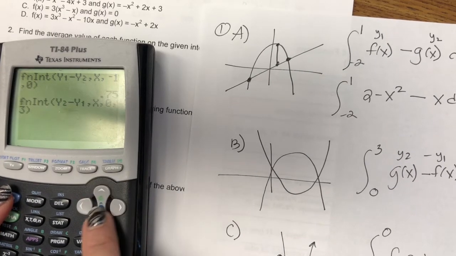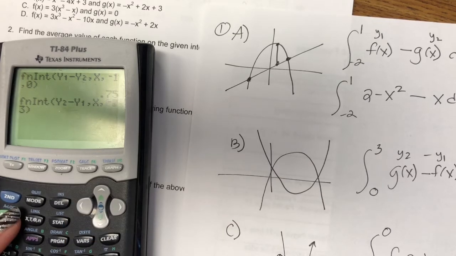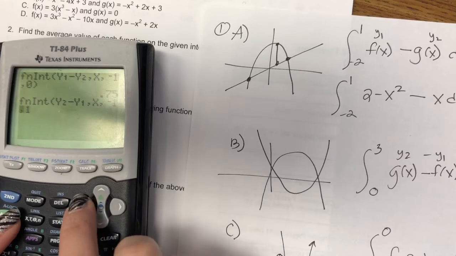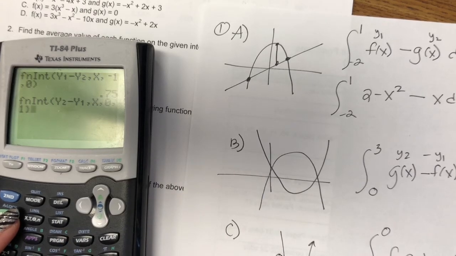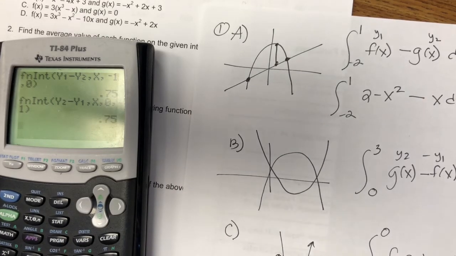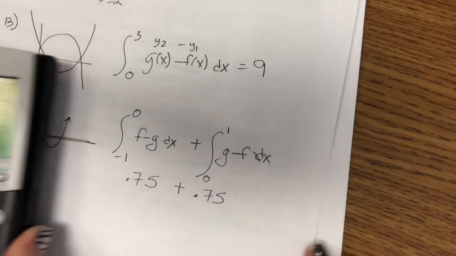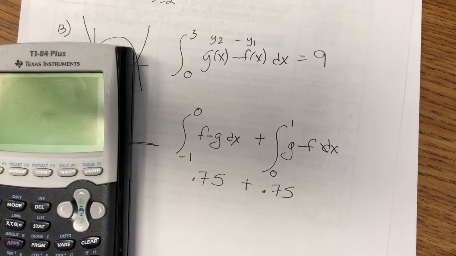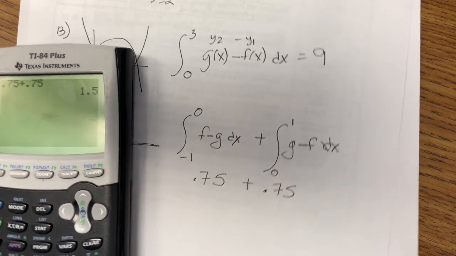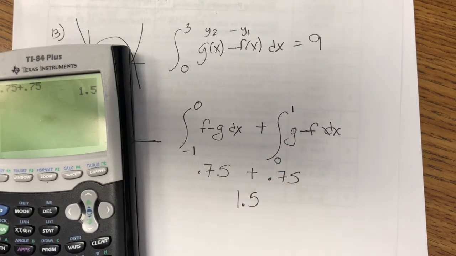So now I'm going to do y2 minus y1. Oops. That gives me 0.75 for both my values. So when I add them up, 1.5 is the final answer.